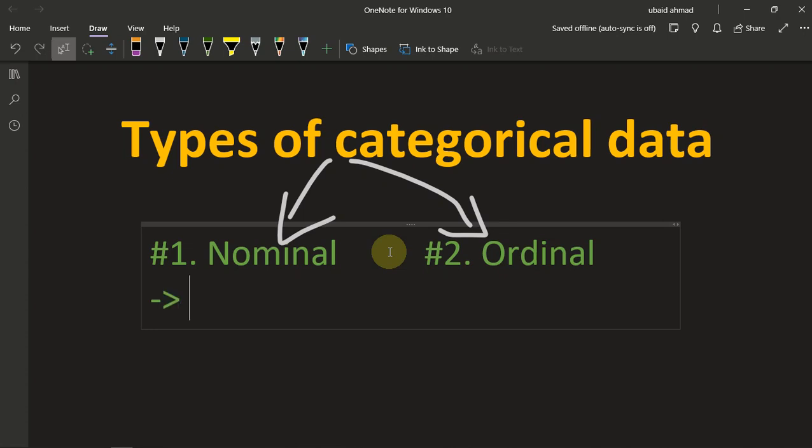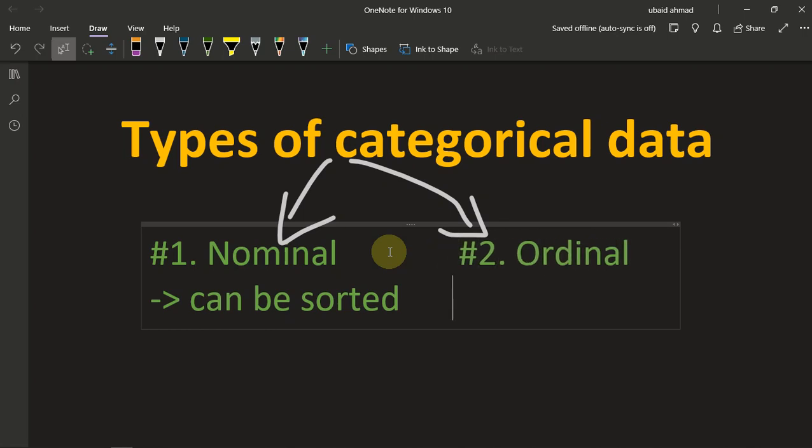So the nominal can't be sorted, and the ordinal, I will show you what I mean by that, the ordinal can be sorted.